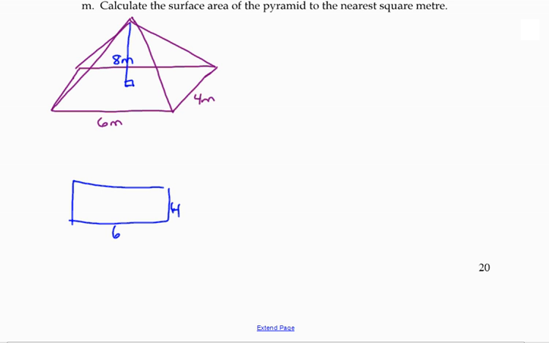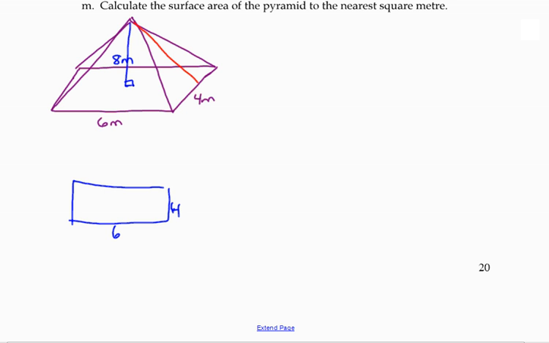The 8 is the vertical height of the shape, but that's not our slant heights. We have 2 slant heights. We have one here, and this red line would be right there. You're going to use 8 in Pythagoras' theorem to get your slant height. So it's neither of the slant heights.